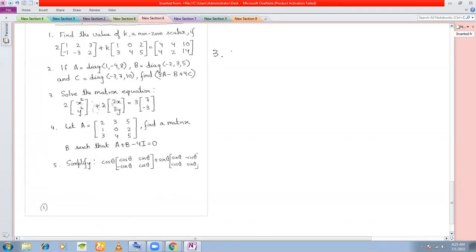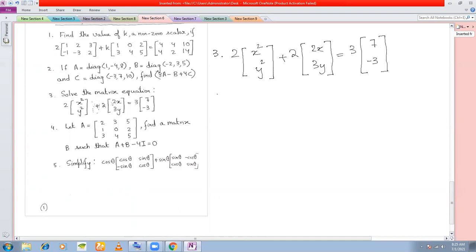Next question is solve the matrix equation. So you have twice the column matrix x square, y square, plus twice another column matrix 2x, 3y, is equal to thrice another column matrix. Okay.